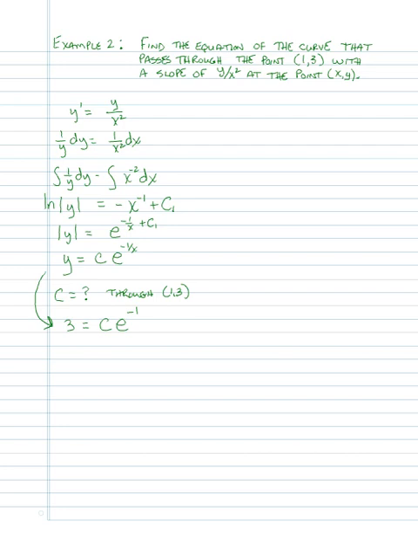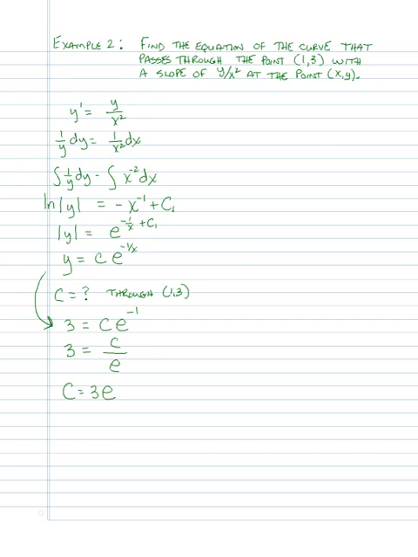So what we're going to do here is write the right side as c over e to the power 1, since e to the negative 1 is 1 over e. And now I'm going to multiply on both sides by e, and so I end up with c is equal to 3 times e. Okay? So that's the value of c.